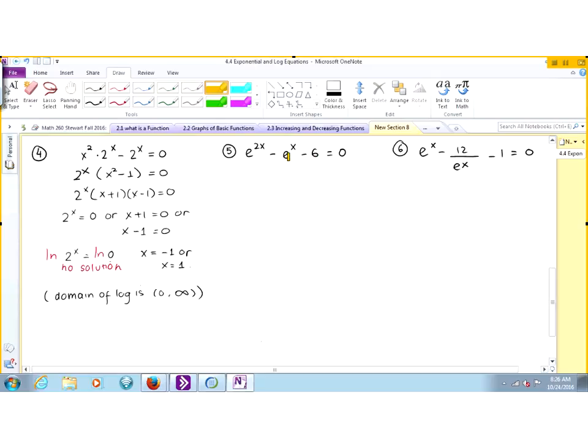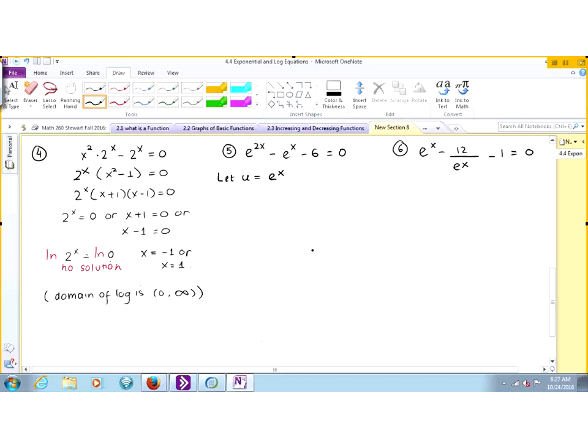So what we should do here is let u equal e to the x. Do I have a u squared? Where is my u squared? e to the 2x. This is u squared.